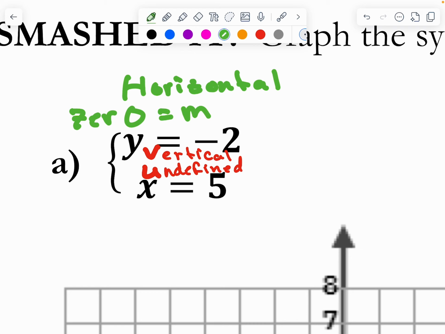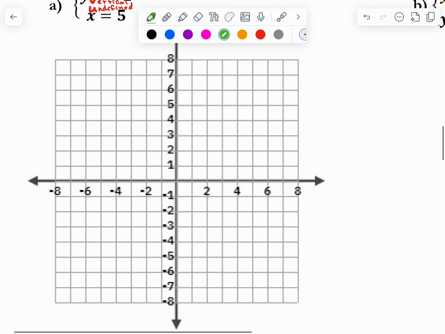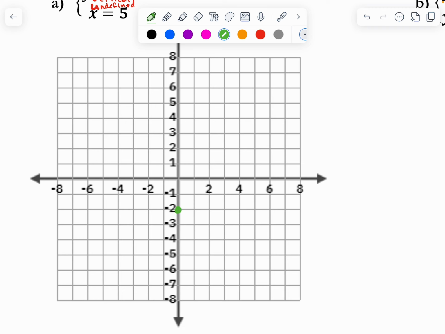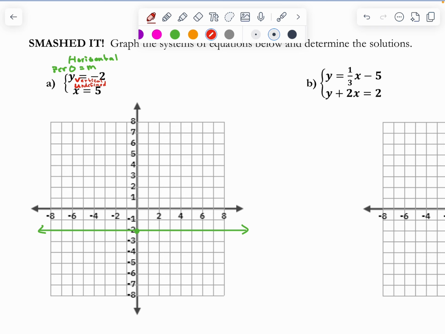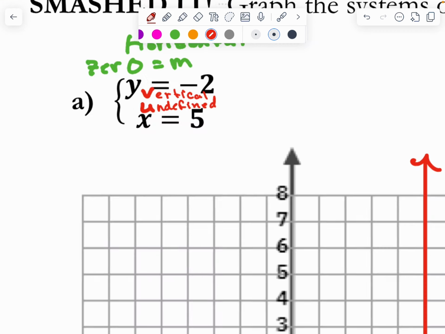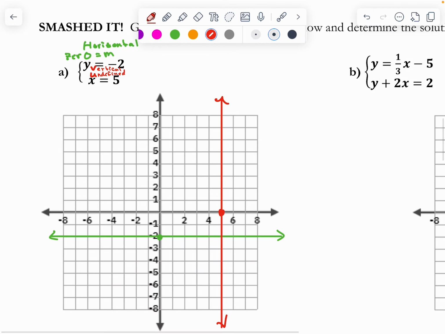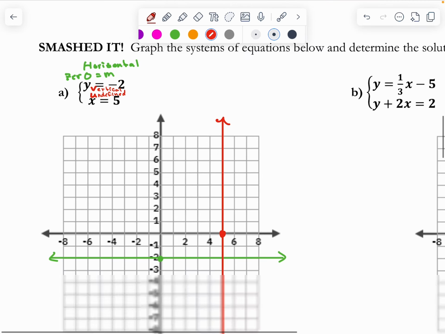This tells us that we're going to have a horizontal line at -2. So this is y equals -2, horizontal line. Let's make our horizontal line here. Now we're going to have a vertical line at x equals 5, right there. All I did was put a point at -2, horizontal line, and put a point at x equals 5, vertical line.